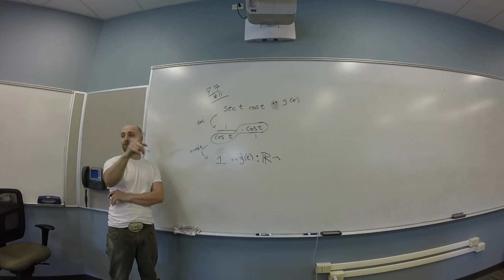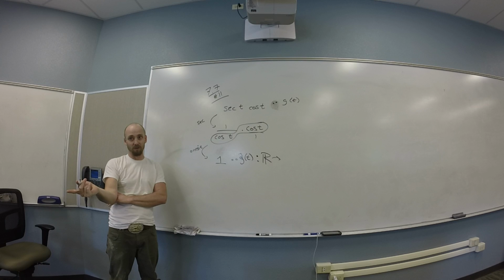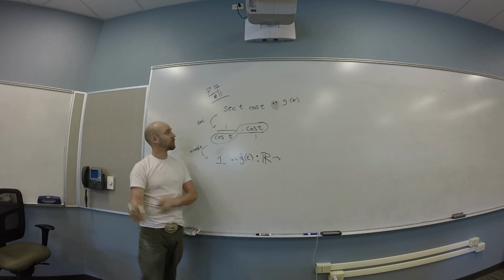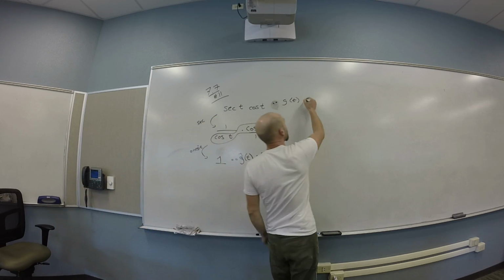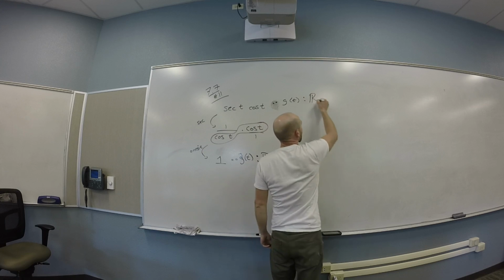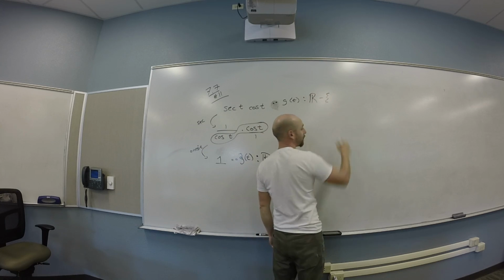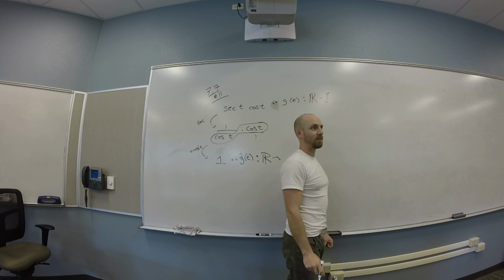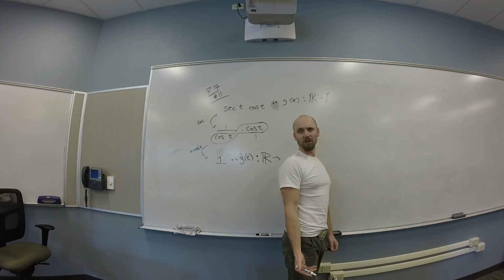Secant is undefined, which is when cosine is 0. You guys see that? So g of t, its domain is like the real numbers except some stuff, right? Specifically, when is cosine 0?